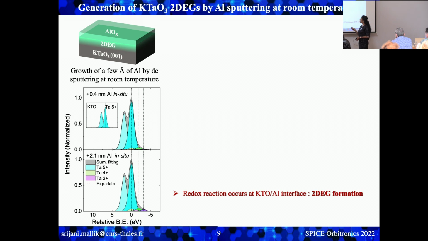Then when we deposit just 4 angstrom of aluminium, we can already see the evolution of a peak corresponding to tantalum 4+, telling us that oxygen vacancies are created. As we increase the thickness of aluminium, the intensity of the tantalum 4+ peaks increases, and there is also a new peak corresponding to tantalum 2+. This tells us we have oxygen vacancies at the interface, which in turn gives the two-dimensional electron gas in the system.